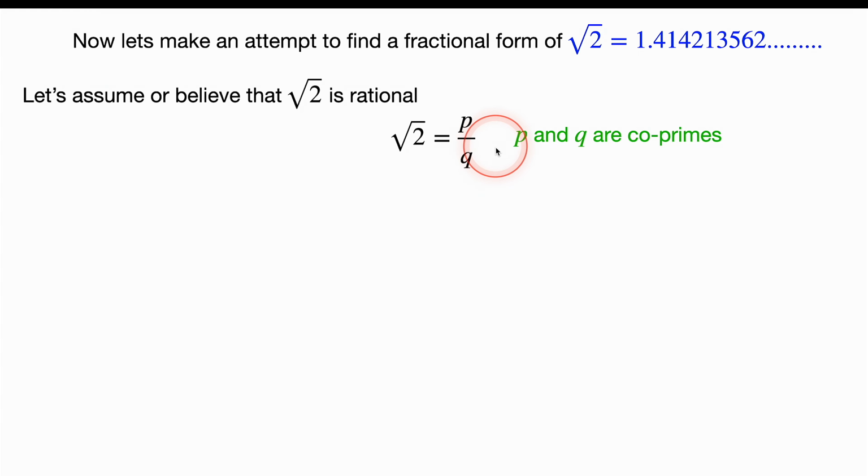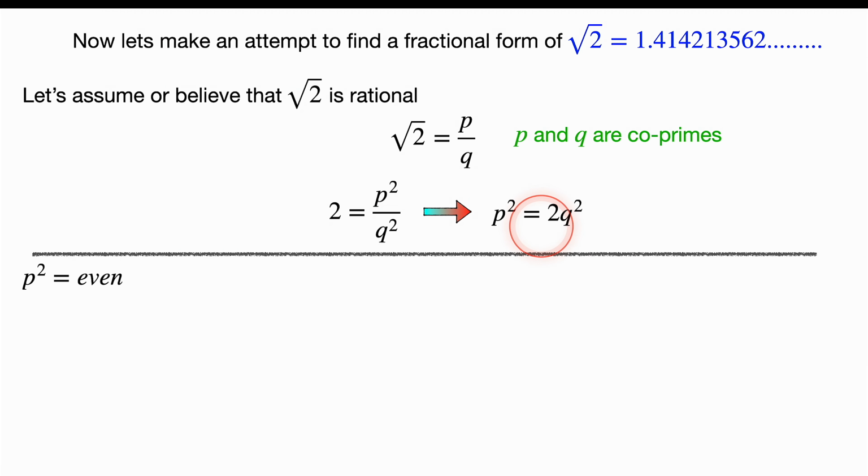Once more, p and q being coprime means there is no common factor between p and q other than 1. This is a very important thing to remember. So I can write root 2 equal to p by q as 2 equal to p square by q square. I am simply squaring both sides of the equation. Now I can write p square equal to 2q square.